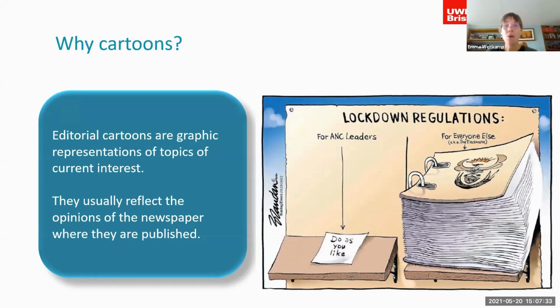And they are often quite overtly critical of political leadership, as we can see in this cartoon from South Africa, which is quite clearly criticising the behaviour of the ANC leaders compared to what's expected of everyone else. And we're going to see that as a common theme across the cartoons that I and my colleagues have been looking at over the past year.